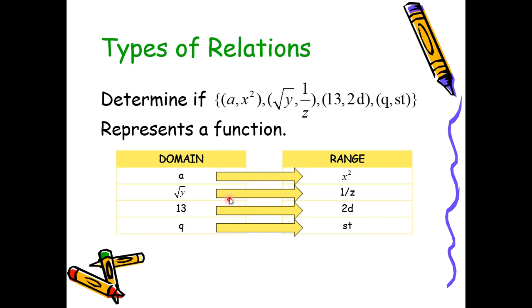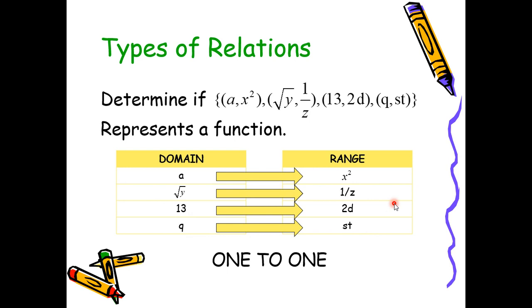Kung mapapansin nyo po, kada isang domain, meron lang po siyang isang range lang. Okay? Ibig sabihin po neto, ang type po ng relation niya, since 1, then 1 lang din po yung range, this is a one-to-one correspondence. Ang tanong, kapag one-to-one po ba function o hindi?